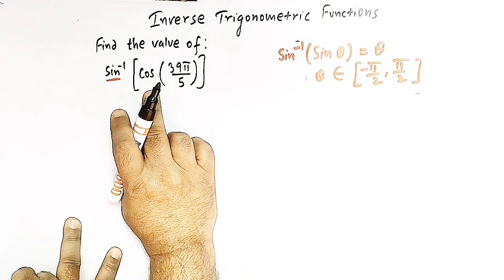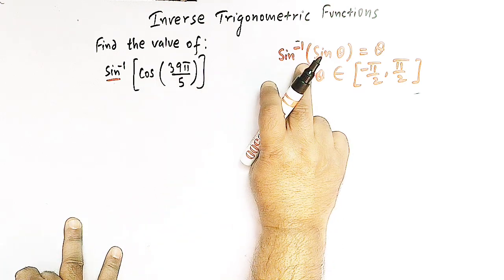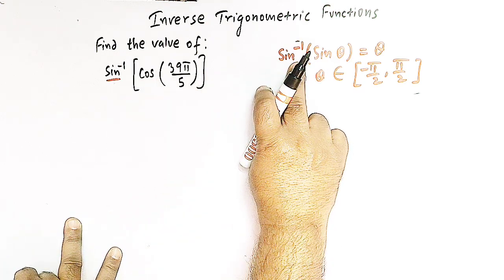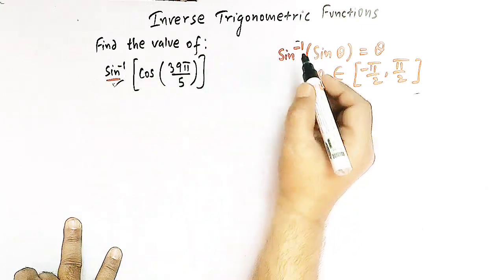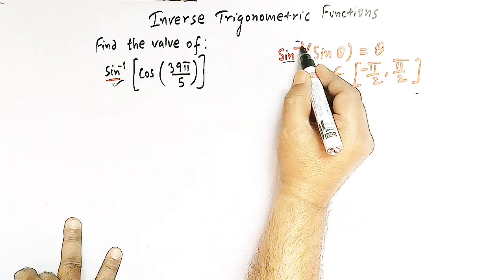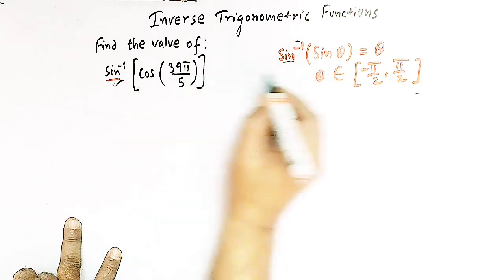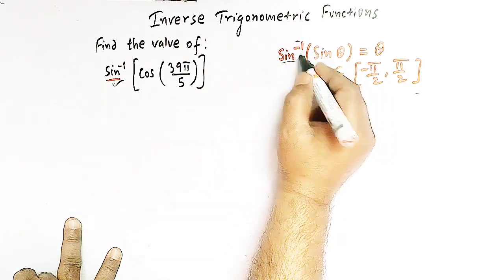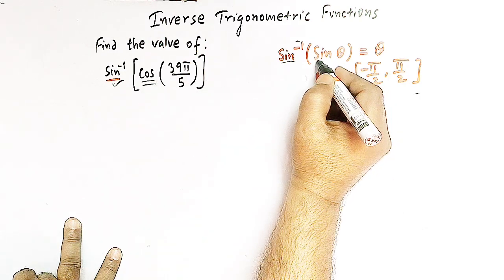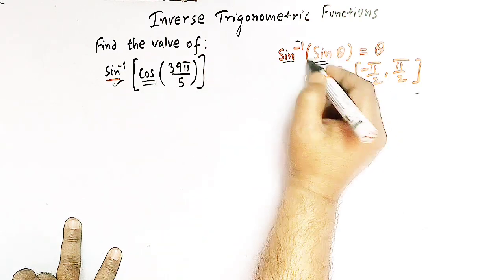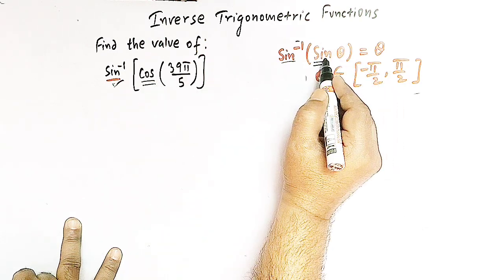So now if we compare this expression with this one, then we can easily observe that here we have a sine inverse function, here also we have the sine inverse function, and inside this sine inverse function here we have the cosine function, right? But we need to have here a sine function, right?